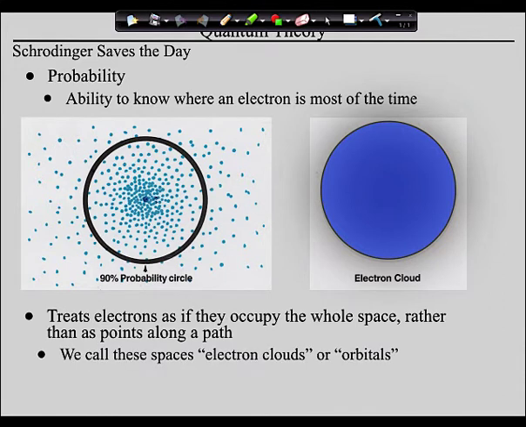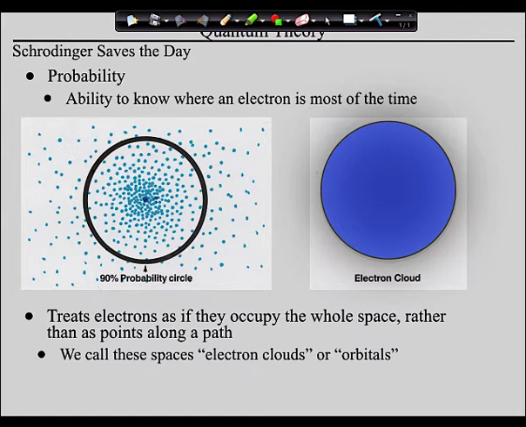We don't just call these spaces electron clouds. The term that we are going to use is orbitals. Guys, these clouds, these spaces, are what we call orbitals. Not orbits, but orbitals.